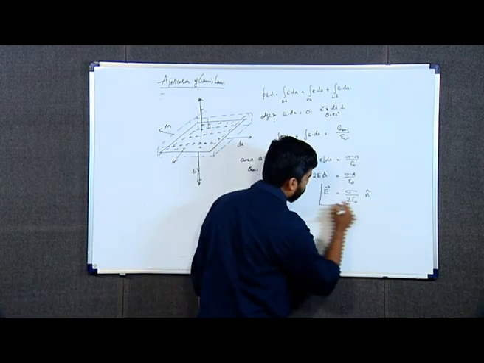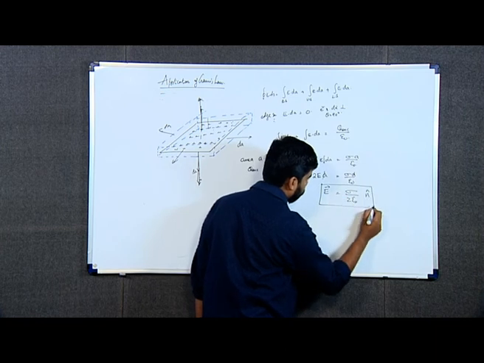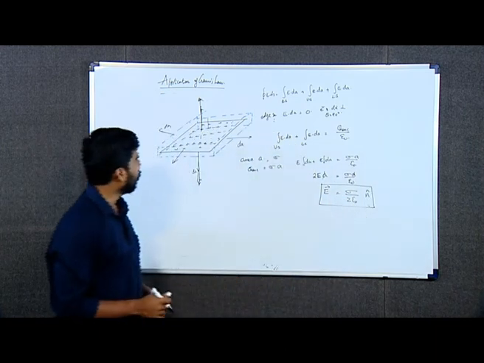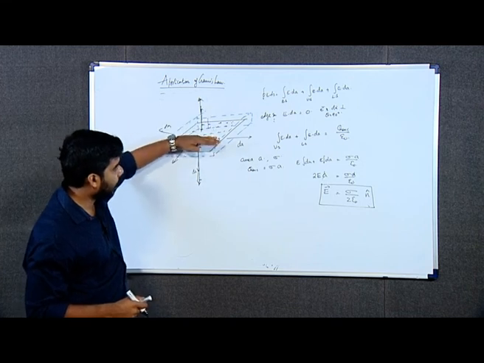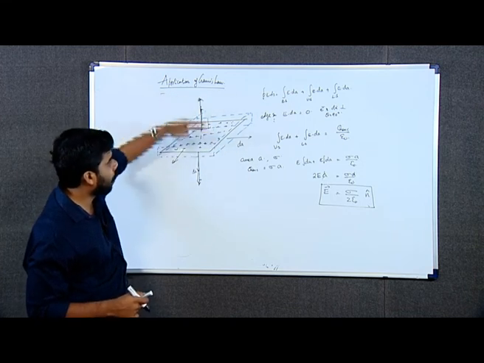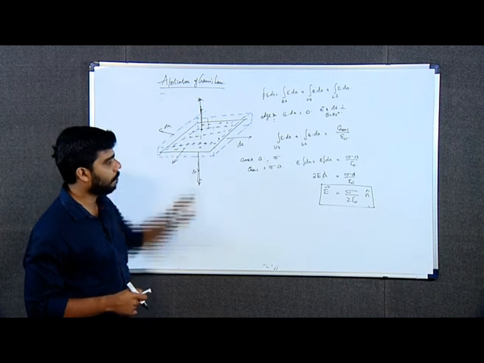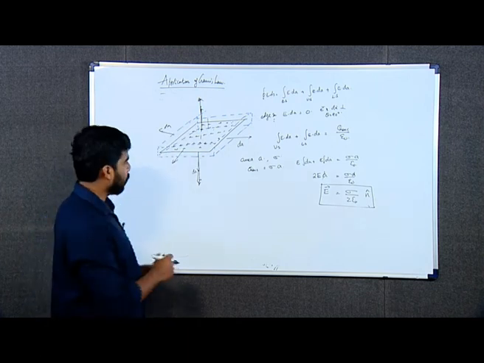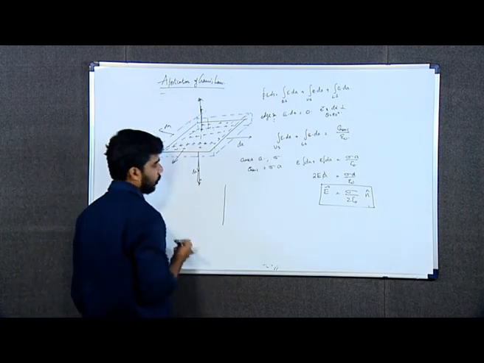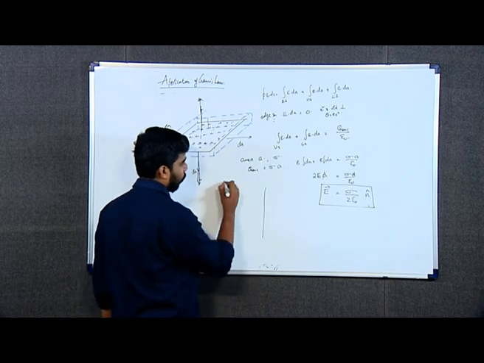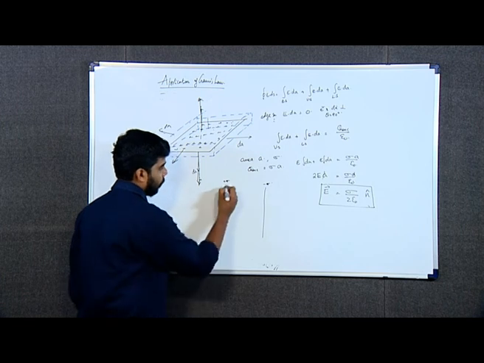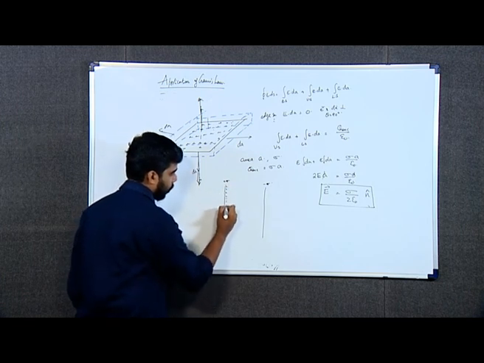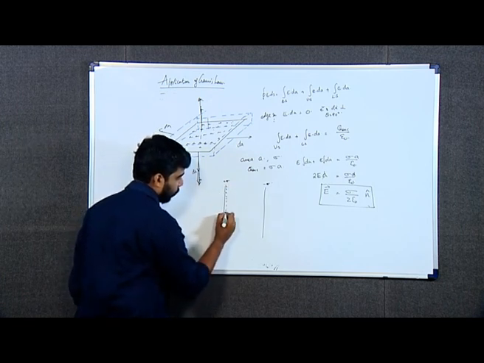This is the electric field produced at a point P above or below the charged plane sheet. For example, we will consider charged sheets, one with a positive surface charge density and one with a negative charge density. The positive charges are here, all over; on this side also positive charges will be there.